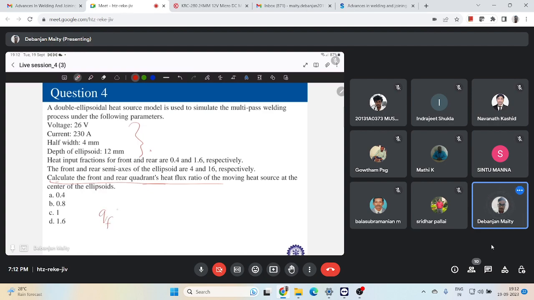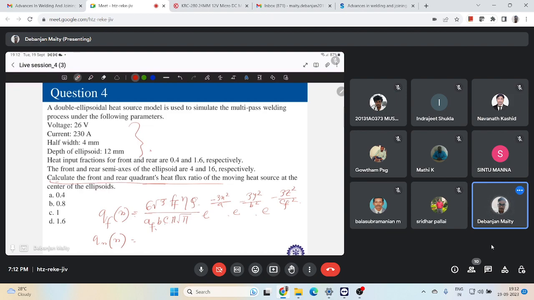QF, which is a function of r, was 6 root 3 FF eta Q by AF B C pi root pi, into e to the power minus 3x square by a square, e to the power minus 3y square by b square, e to the power minus 3z square by cf square, right?